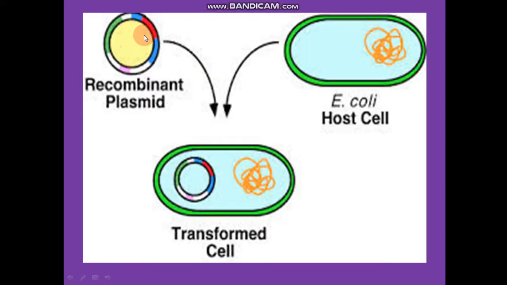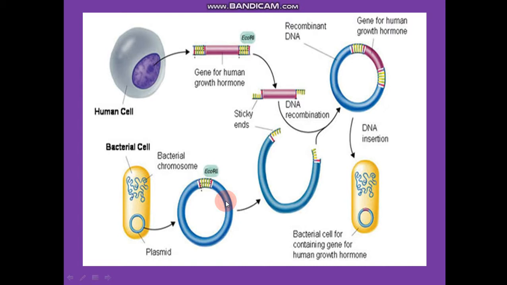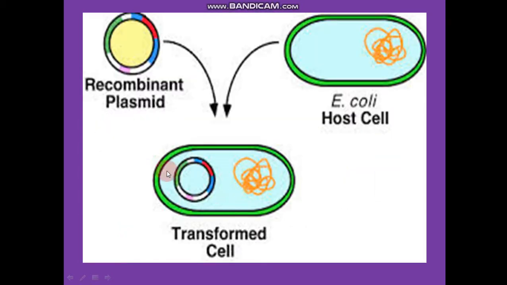So what will happen here? We are taking the host cell and the recombinant plasmid, allowing it to enter into the host cell so that a transformed cell is produced. Clear? So this is a transformed cell which readily takes up the recombinant plasmid.